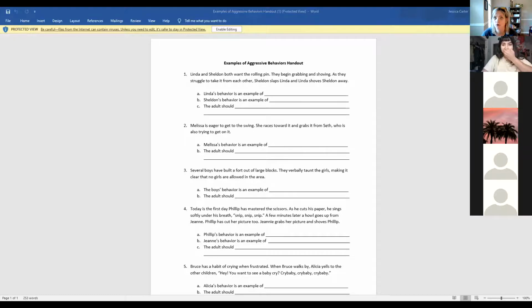Without really observing the behavior, the same behavior could be multiple types of aggression. I think the initial grabbing and fussing over the rolling pin, I would call instrumental. And then I might call both of these hostile aggression because they've shifted from their attention being on the rolling pin to really just physically hurting one another.